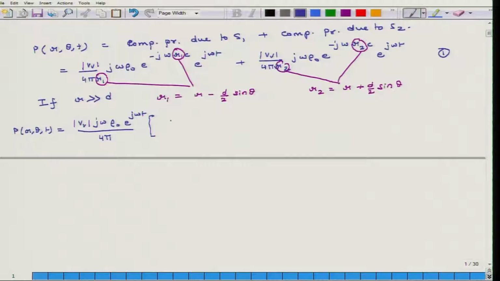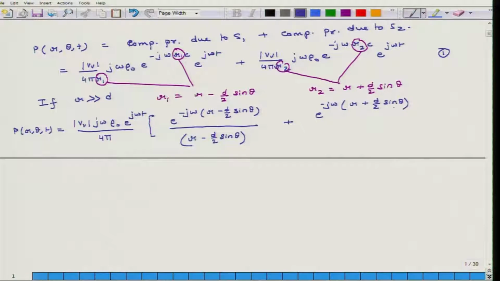So, in the brackets I get e to the power of minus j omega (r minus d over 2 sin theta) divided by r minus d over 2 sin theta, plus e to the power of minus j omega (r plus d over 2 sin theta), and there is also a c here, divided by r plus d over 2 sin theta. Okay.